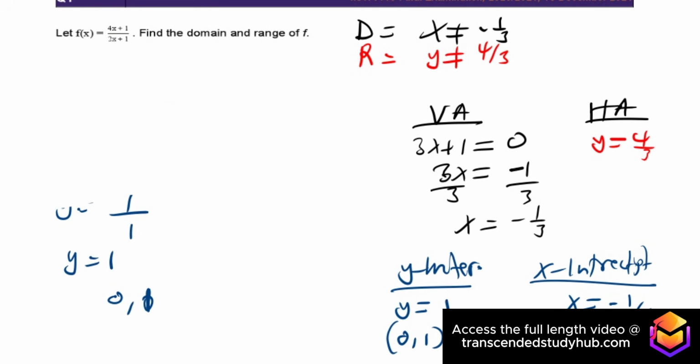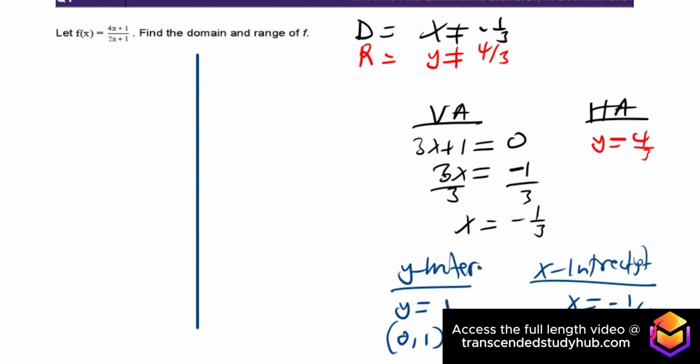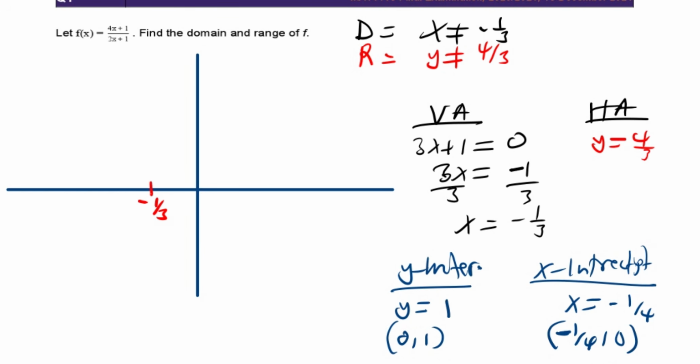Now you can go ahead and sketch this graph. So this is how it's going to come out. You first have to identify the horizontal asymptote that we have already. The vertical asymptote is at negative 1 over 3. I'll put it here. And the horizontal asymptote is at 4 over 3, which is 1 point something.